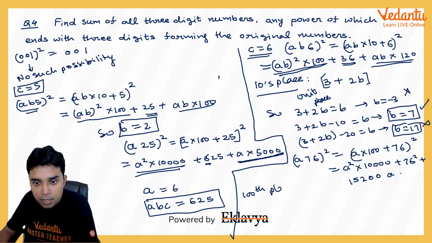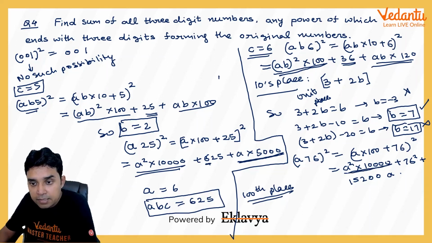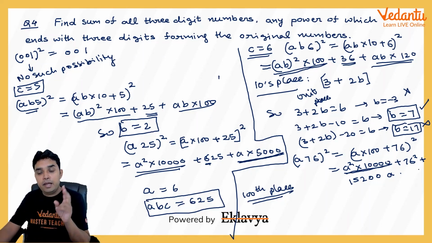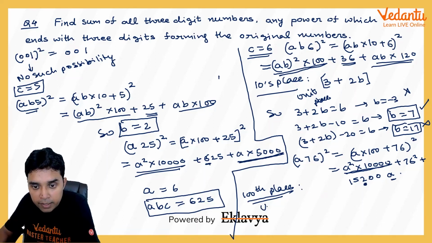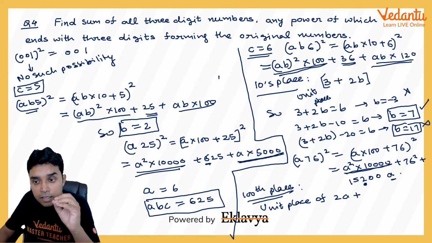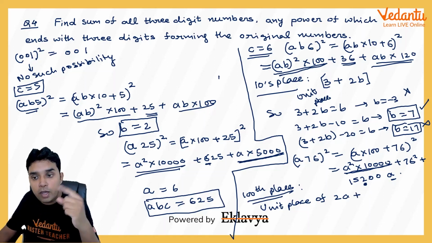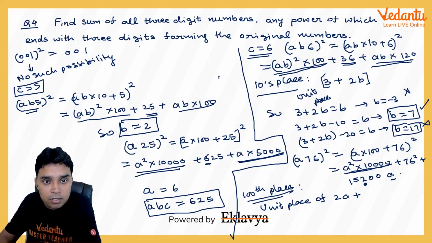Okay, and at hundreds place it will be decided by, on the right hand side it will not be decided by this, because hundreds place is 0 here. It will be decided by hundreds place of 76 square, and I think 2 multiplied with a, because last two places are 0 0. So it will be decided by unit place of 2a plus the hundreds place of square of 76. Let me do the 76 square here. How much is the 76 square?